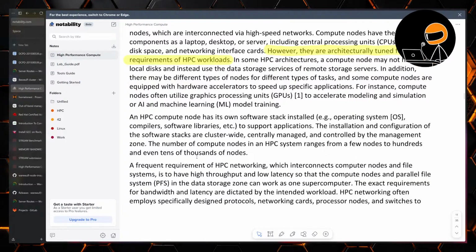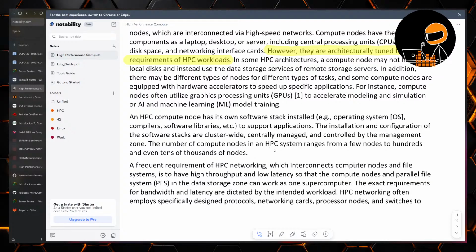Okay. An HPC compute node has its own software stack installed: the OS, compilers, and software libraries to support applications. The installation and configuration of the software stacks are cluster-wide, centrally managed, and controlled by the management zone.